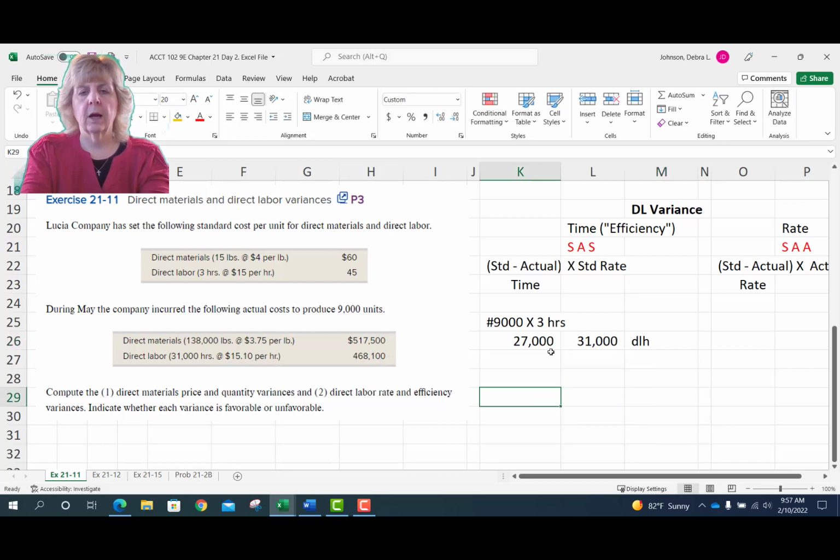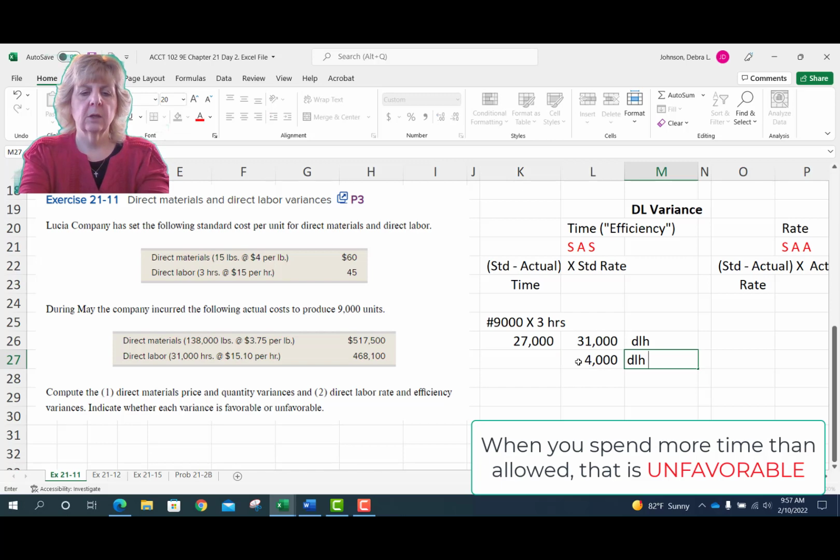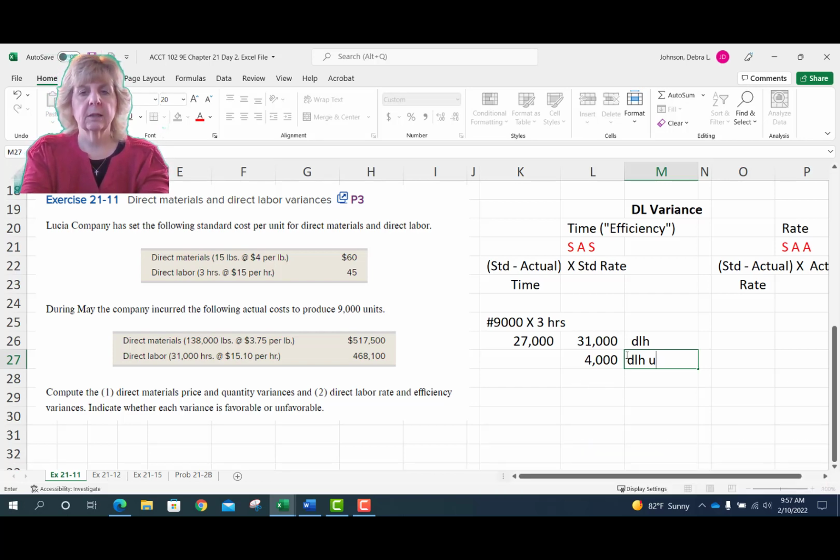Okay, at this point, I would stop and I would tell myself that because I spent 4,000 more hours than I was allowed to spend, I have an unfavorable variance. So I tend to identify whether it's favorable or unfavorable just as soon as I understand which way it's going. And I know that whenever I spend more time than what I was allotted to spend, that costs the company money. How much should that cost the company?